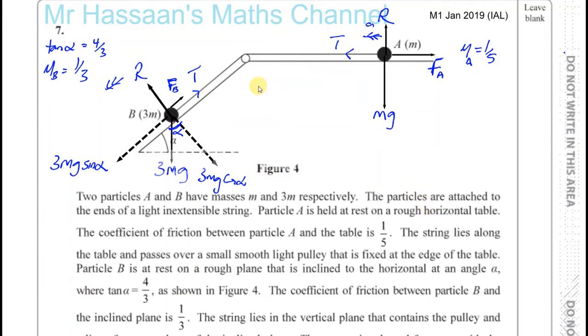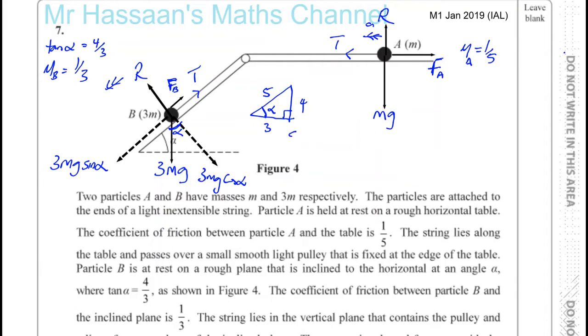One thing I'm going to deal with is the fact that it says tan alpha equals 4/3. Finding the angle alpha and then using that is going to be a bit unnecessary. The best thing to do here is to use the value of tan alpha, which is 4/3. So we can make a right angle triangle and its sides will be 3, 4 and 5 by Pythagoras.